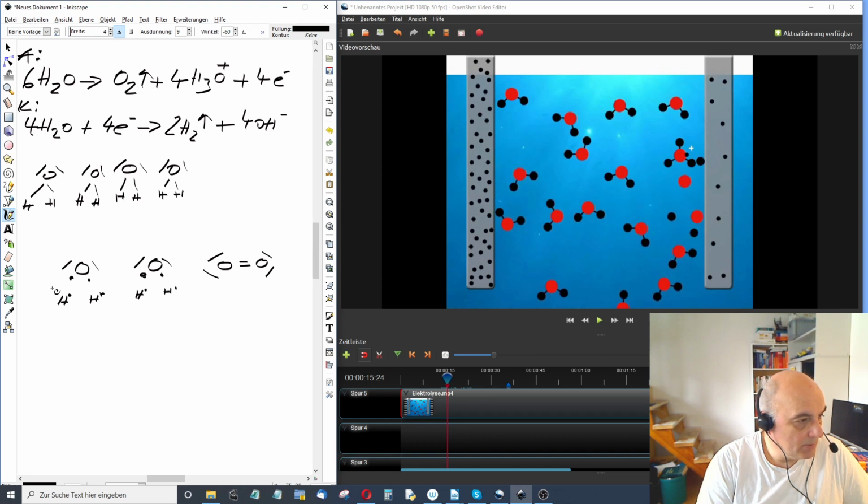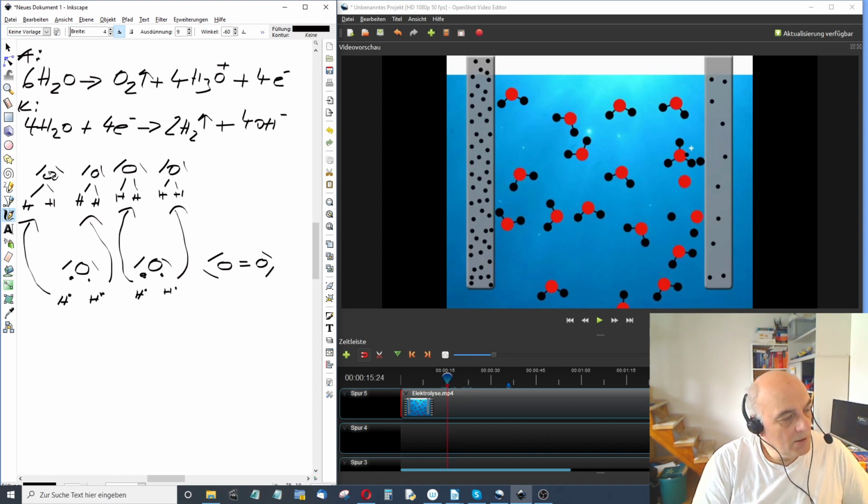These hydrogen atoms now meet the 4 water molecules up there, and when they meet with the water molecules, then something is happening that it must look like that.